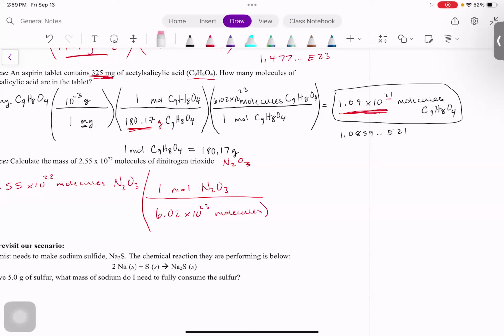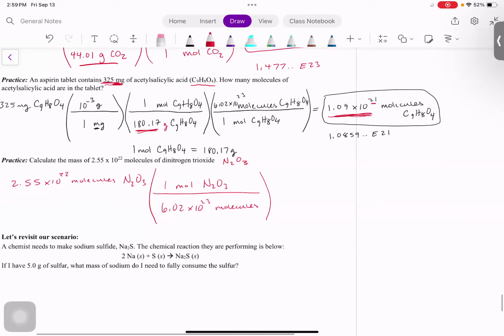So I can use that as my first conversion to convert from molecules to moles. Once I know moles, I know that 1 mole of N2O3 has a specific mass according to the periodic table that I will calculate, and then we can use that to convert from moles to grams.